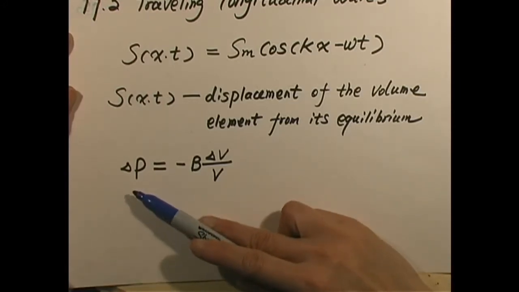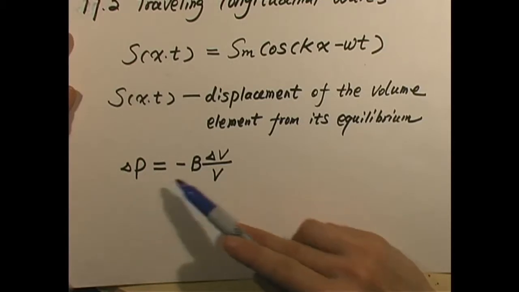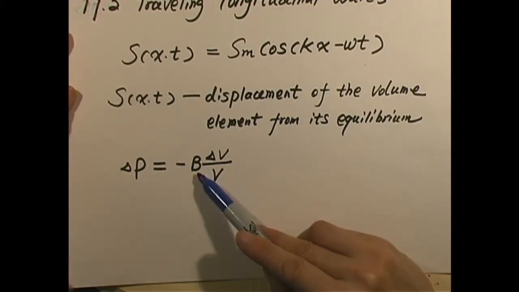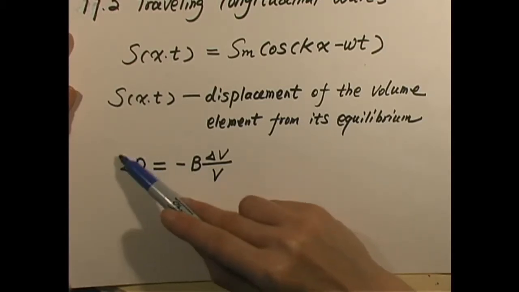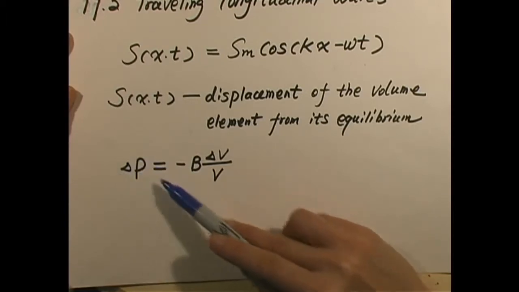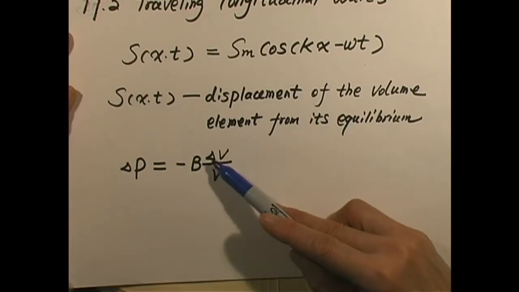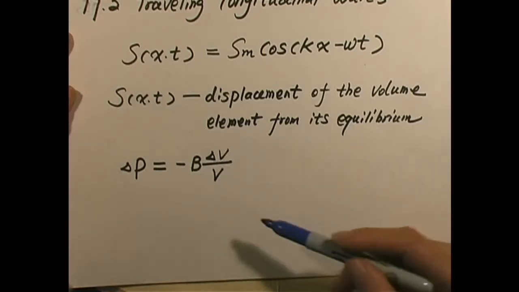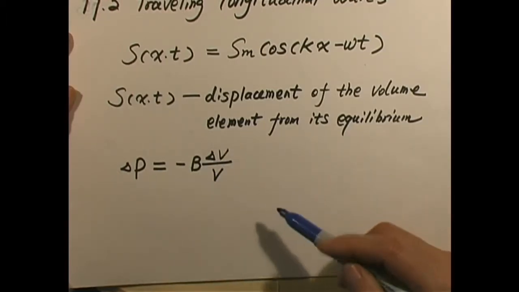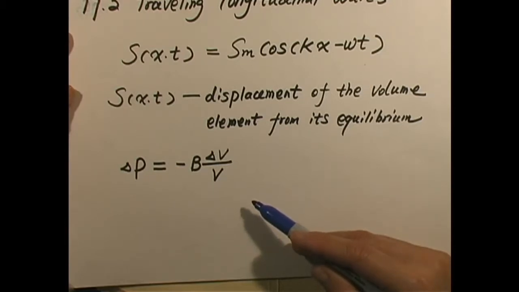We learned this equation from chapter 12. That is what defines the bulk modulus. And bulk modulus equals negative delta P, which is the pressure difference, divided by the ratio of change of volume over volume. Now we just change to another format. Now we'll start from here.